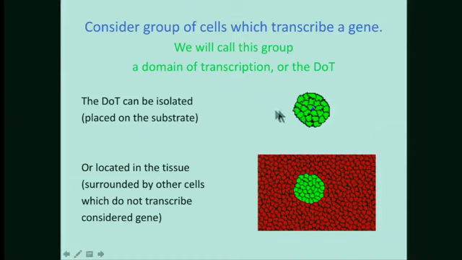So we will consider a group of cells. In the first step, we assume that some protein is produced in this group of cells, and it decays and diffuses everywhere. This group of cells could be isolated, like here, or it could be inside of a tissue. Two-dimensional problems are still complicated, so we can reduce it to a one-dimensional problem.